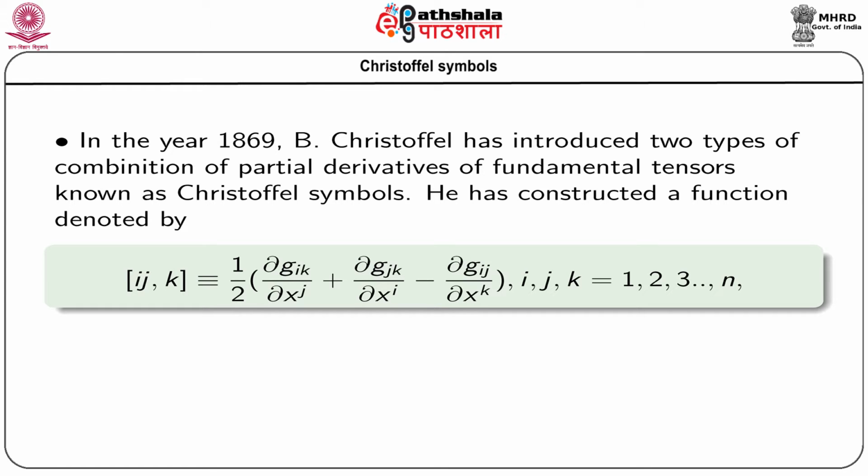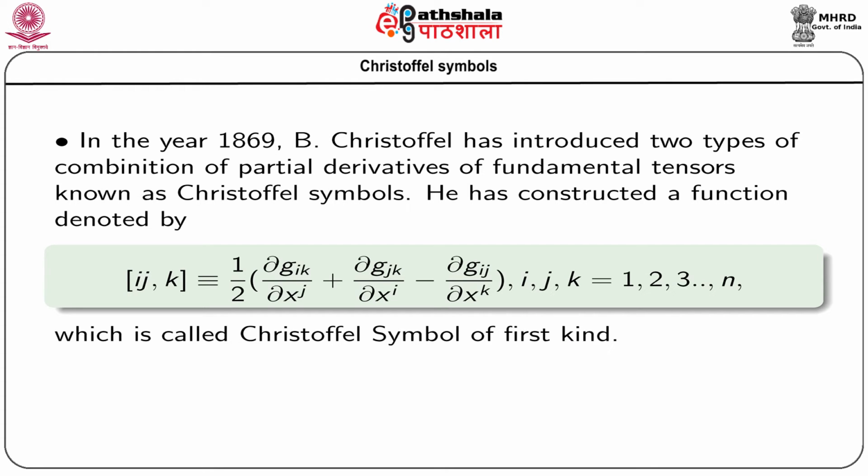So, this linear combination of the partial derivatives of the fundamental metric tensor is known as the Christoffel symbol of first kind.